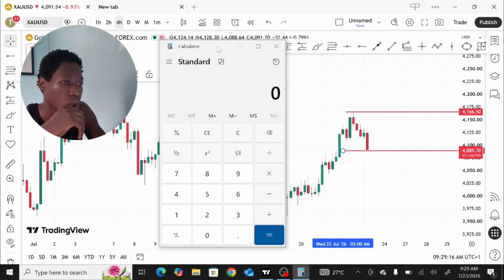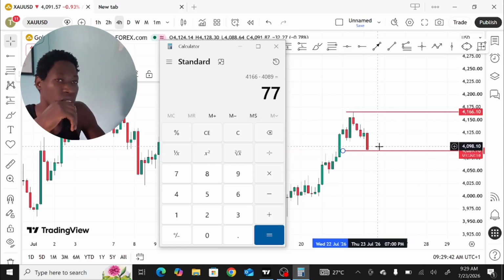First off, you open your calculator, right? You minus the bigger, that's $4,166 minus 4,089. Now this is one way of calculating it, right? It equals 77 pips, but it is not actually 77.